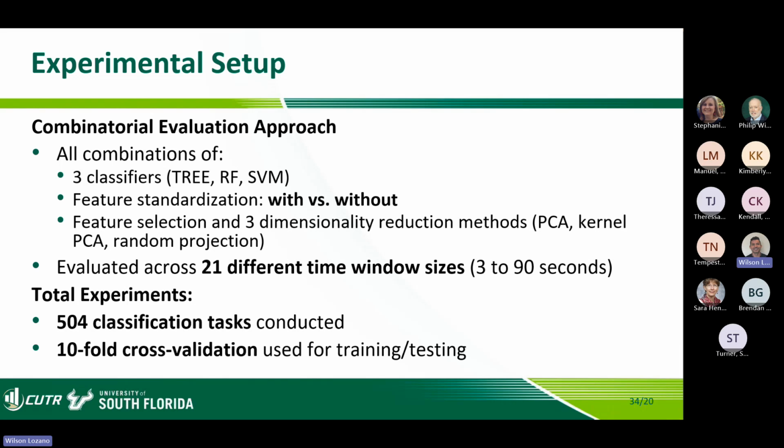This was evaluated across the 21 different time frame windows. In total, with this combinatorial evaluation approach, we had 504 classification tasks or experiments. For every experiment, we used 10-fold cross-validation for training and testing.